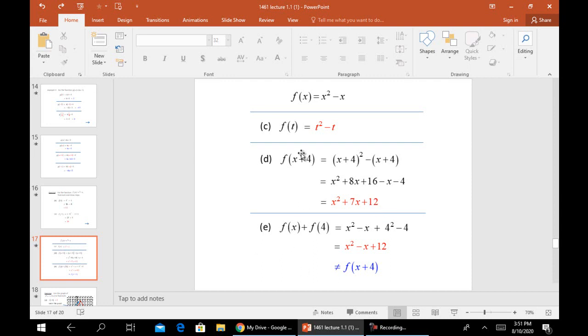Okay, and if you calculate f of x, that's x squared minus 6x, and then what is f of 4? F of 4 would be 4 squared minus 4. So if I add them, this is what I get, and if I simplify that, you get x squared minus x plus 12. Notice that that's not the same as f of x plus 4.